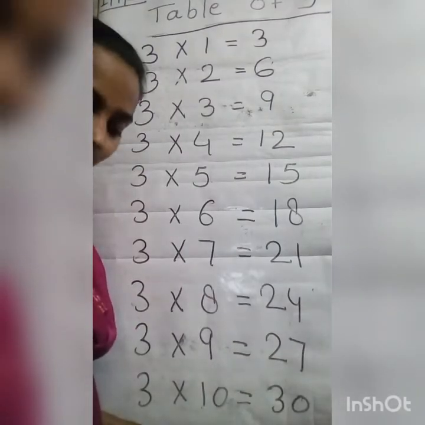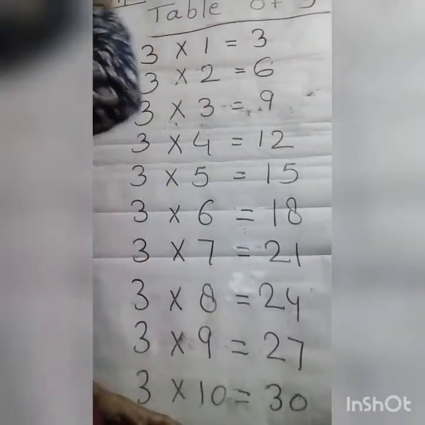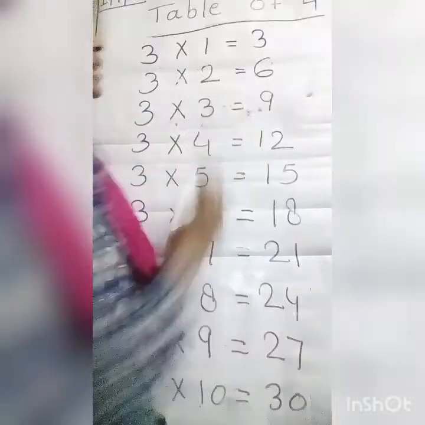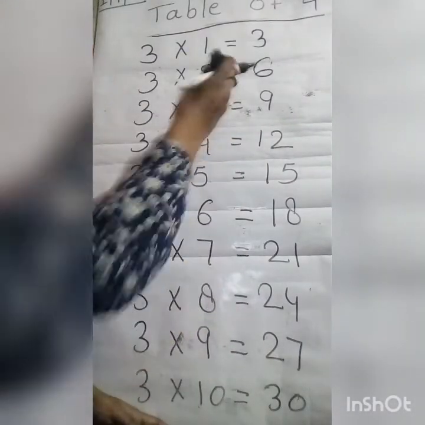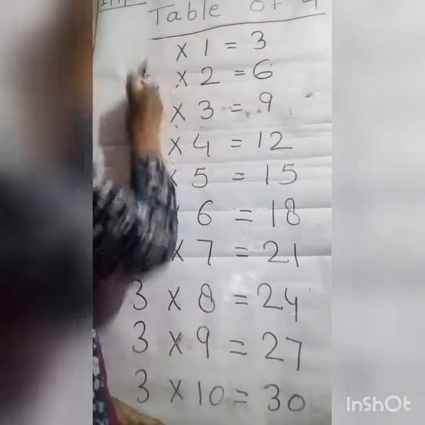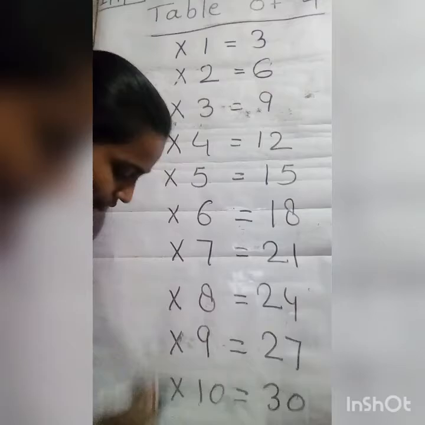As you all get the table. Now children, today one more table you all have to learn is the table of 4. So the table of 2 and 3 you all get, and the table of 4 I am giving you. Okay.